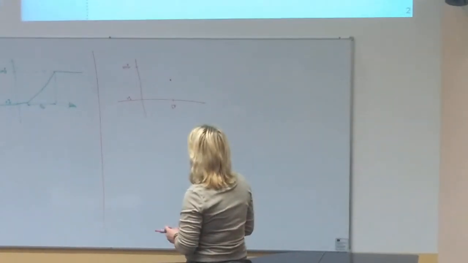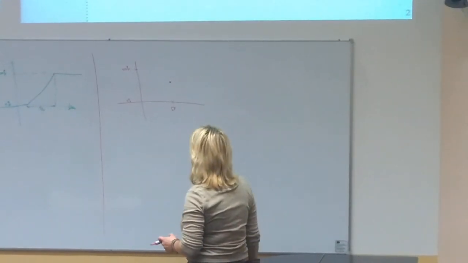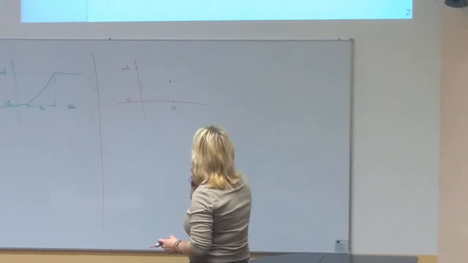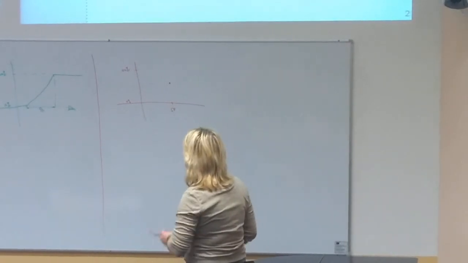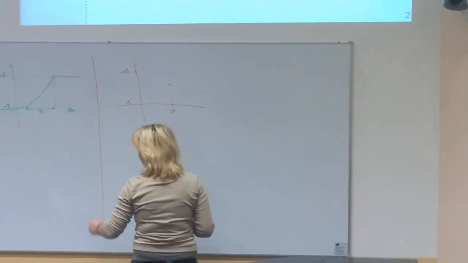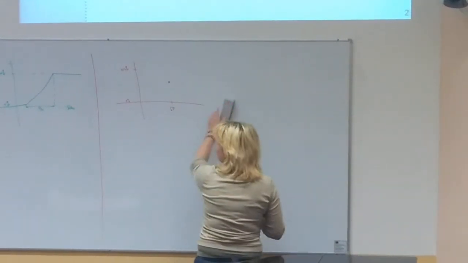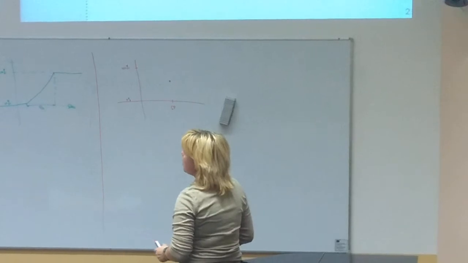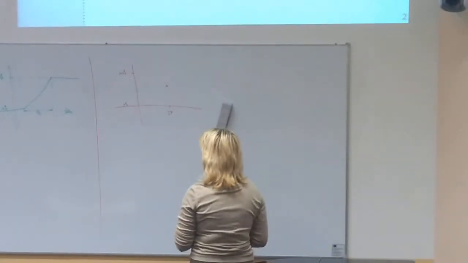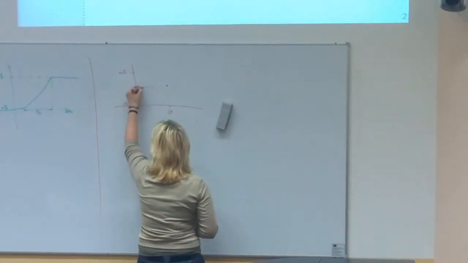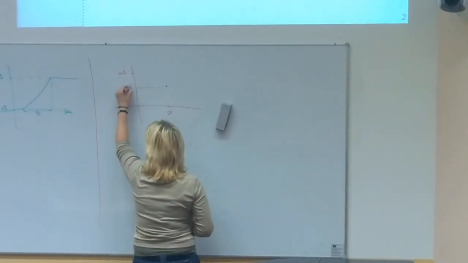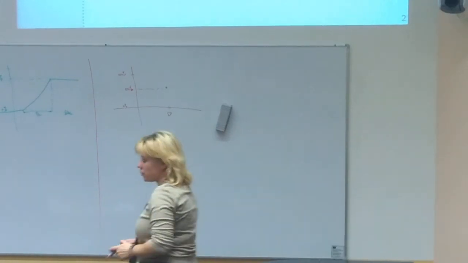And for that matter, we can find out what the errors or offsets are when we have a change in the output of the controller. So this is 15%.